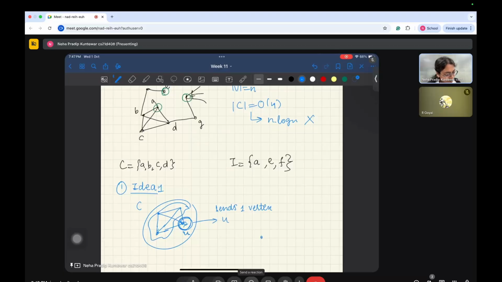If she sends u, then Bob does have access to the entire graph, so he can look at what are the neighbors of u, and let's say he finds A, B, C, and then he can see that AB form an edge, BC form an edge, and AC forms an edge, and so on. So he does know what the click is. The only problem is that there could be extra edges that do not take part in the click, because this click is not maximum. So there could be extra edges that u has, which are not a part of the click.